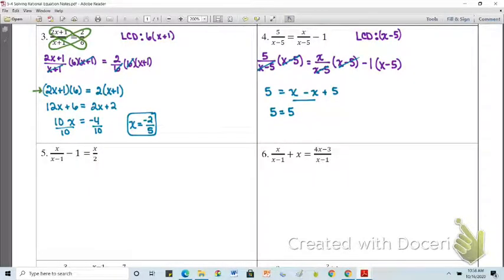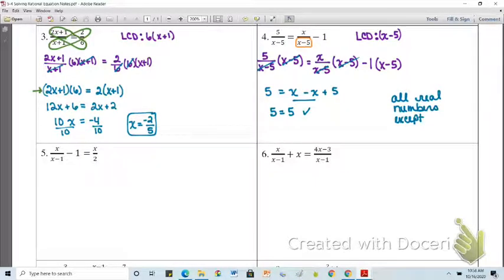So I need to ask myself, is that a true statement or a false statement? That is true. Therefore, my answer is all real numbers except I need to figure out what number would make my denominator 0, and it's 5.